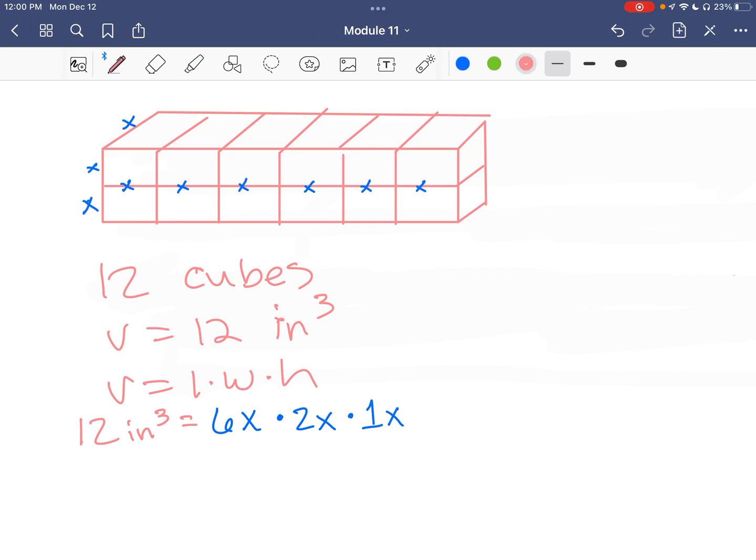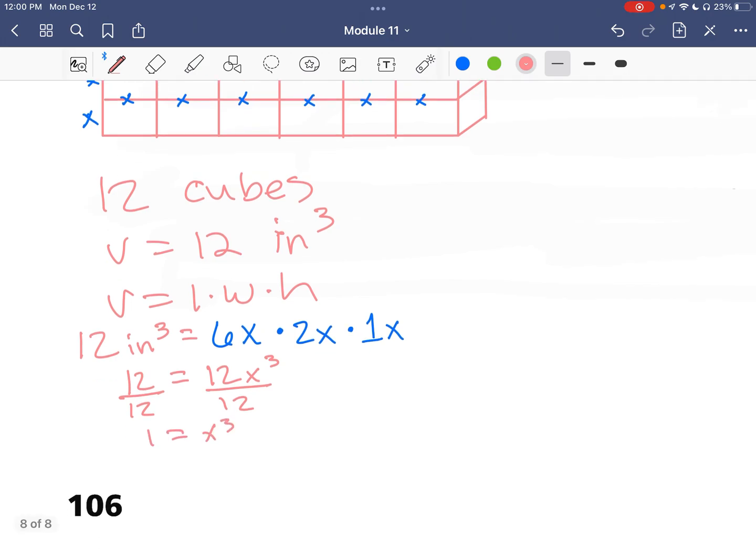So we have 12 equals 12x cubed. We'll divide both sides by 12. 1 equals x cubed. So x equals 1, because 1 times 1 times 1 will give you 1.